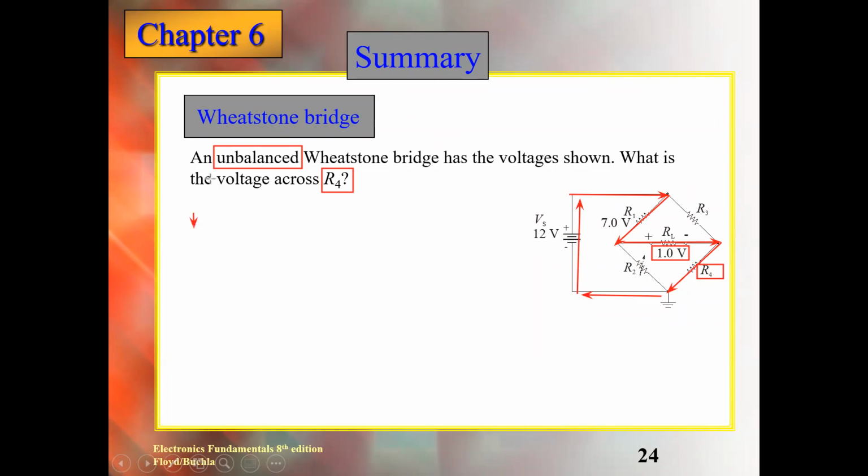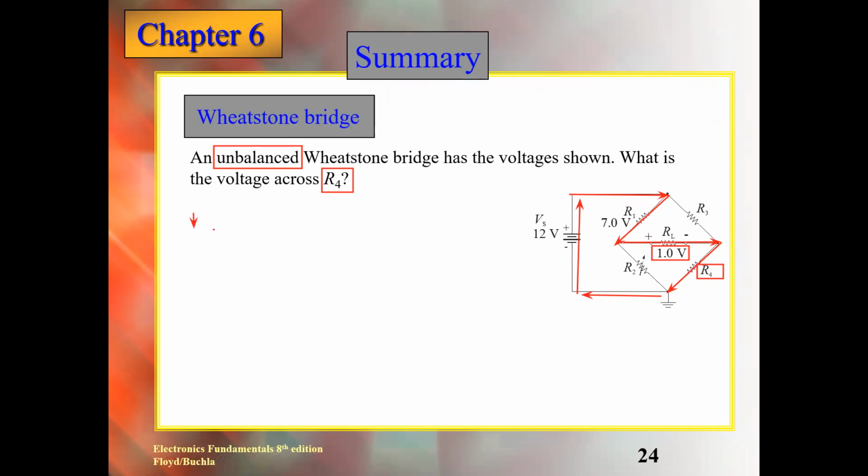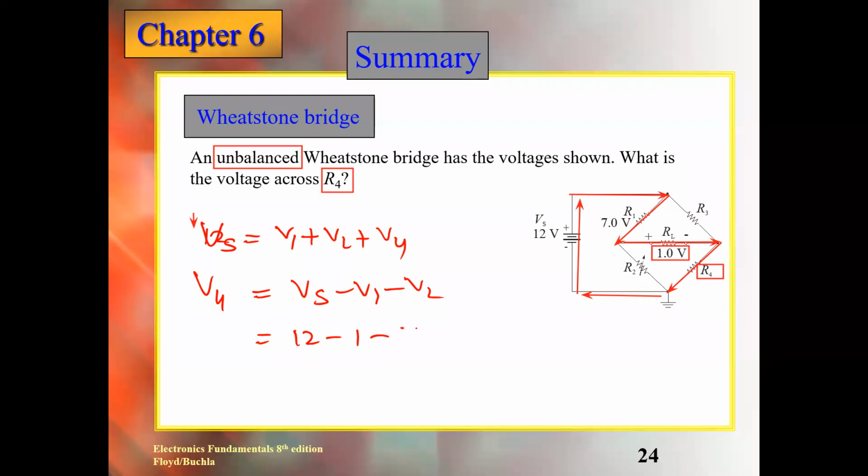So the 12 volts which you are having is equal to V1 plus VL plus V4. We need V4. Okay, you can write VS here. So VS minus V1 minus VL. 12 minus 1 minus 7. How much is it?